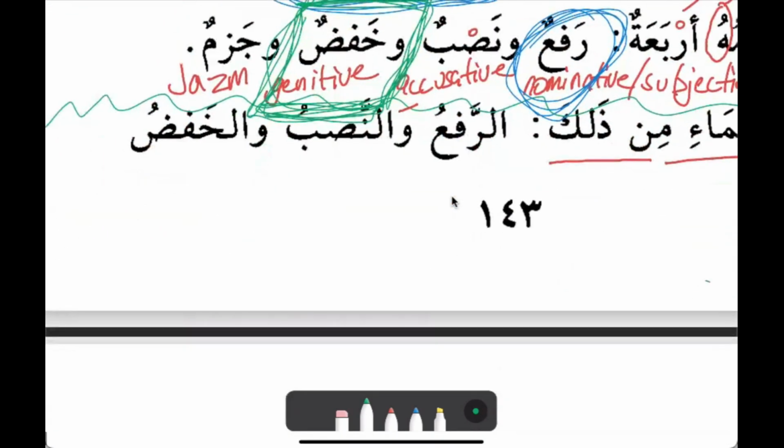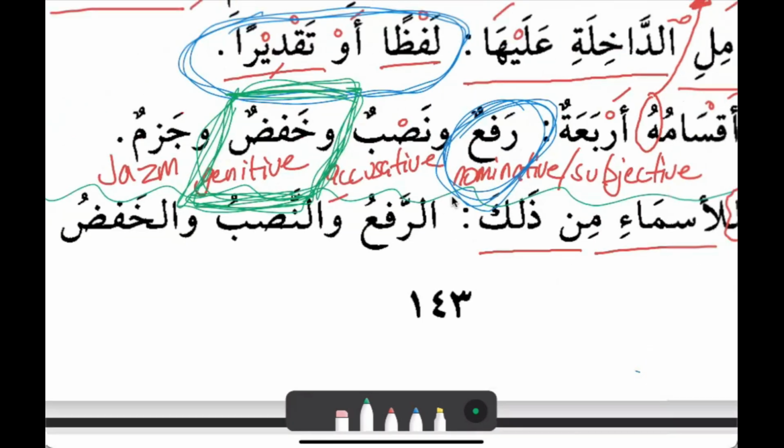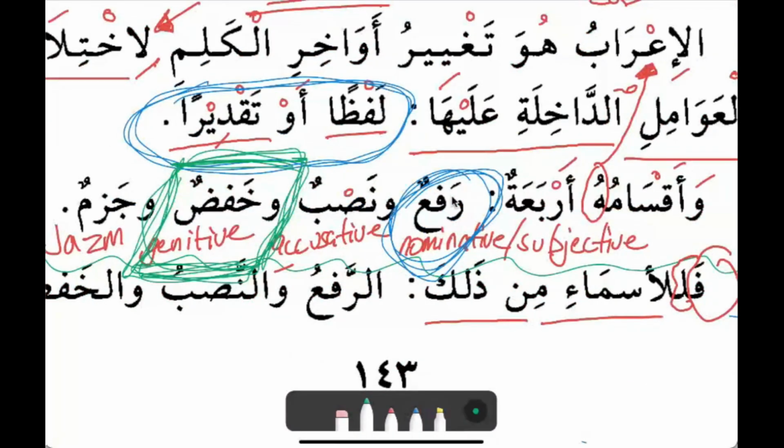Because we're translating rafa' as nominative. Okay, so for sure that works for a noun, nominative. Does nominative work for a verb? That word, nominative? Or do we need another word? Does subjective work for a verb? Or does it need another word? And also accusative. Does it really work for a verb? So for sure they work for nouns.